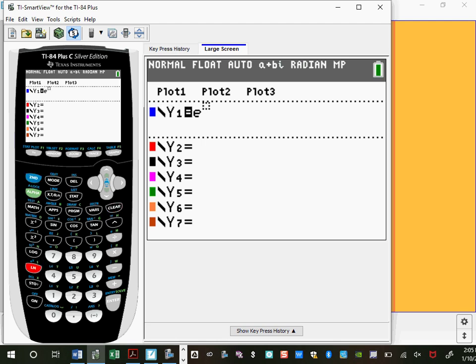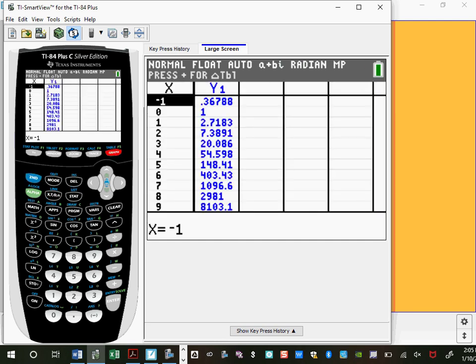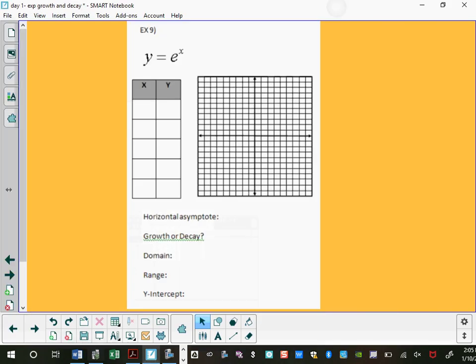That brings up your e, and then you would just type in x here. The second graph would give you a table, the same way we've been doing. Here I have all the decimals. So that's how you can do it on the calculator.